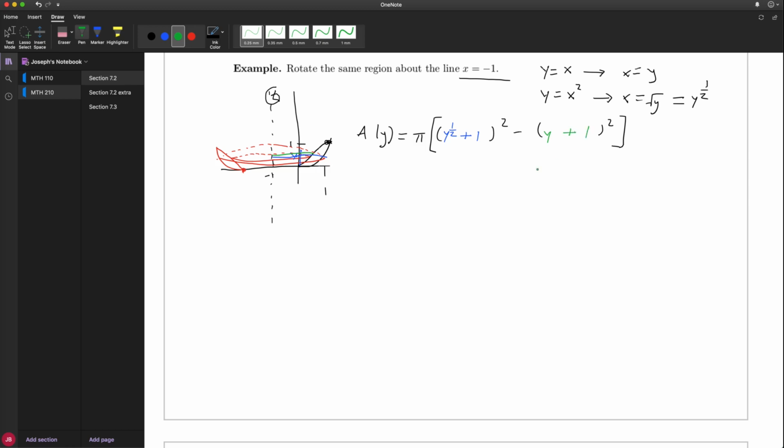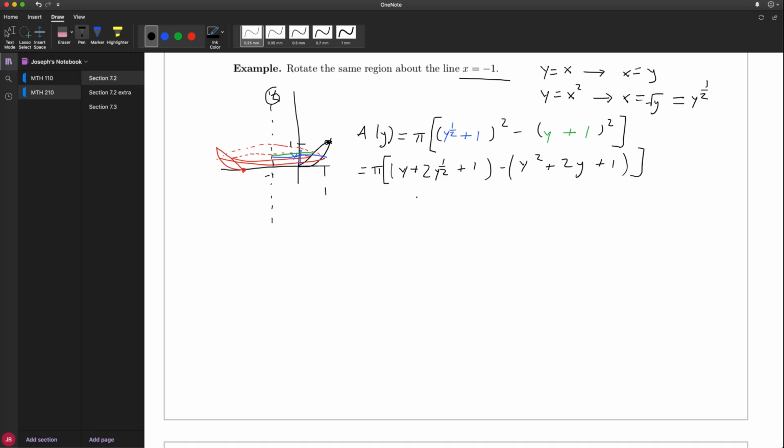Simplifying, I get pi times bracket, y plus 2y to the 1/2 plus 1, minus parentheses y squared plus 2y plus 1.